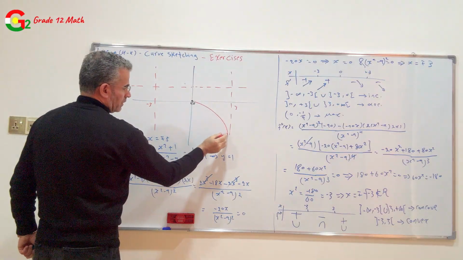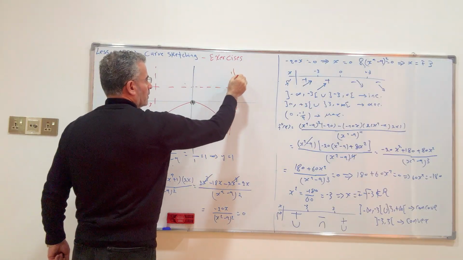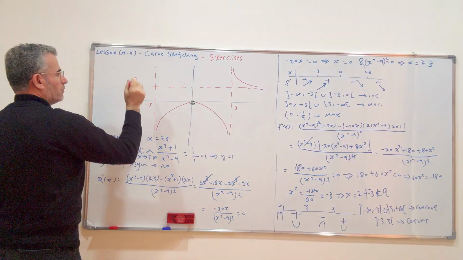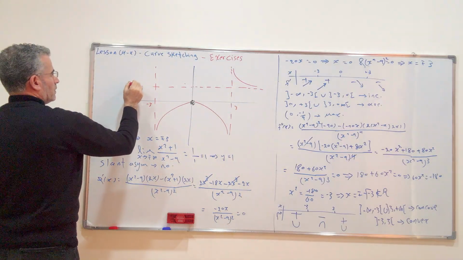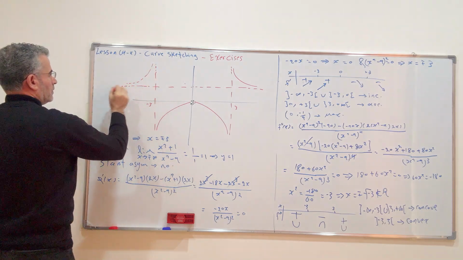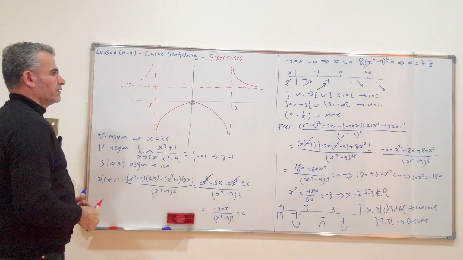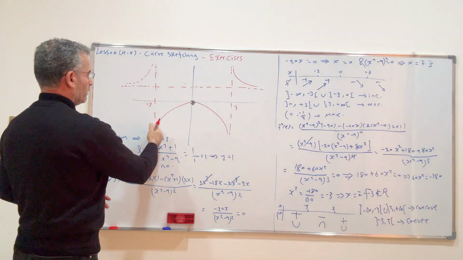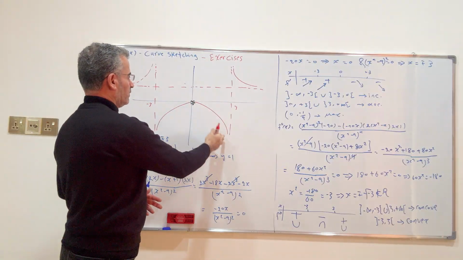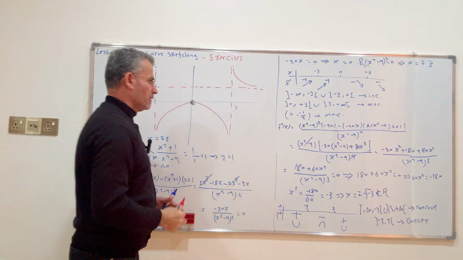0 is the local maximum value for this function, and the interval of increasing is from negative infinity to negative 3, from negative 3 to 0, and the interval of decreasing is from 0 to 3 union 3 to positive infinity.